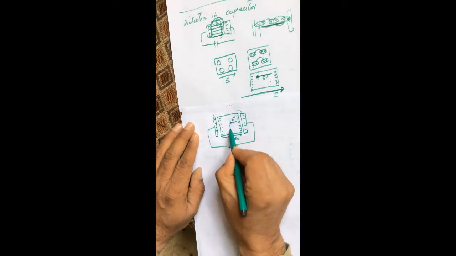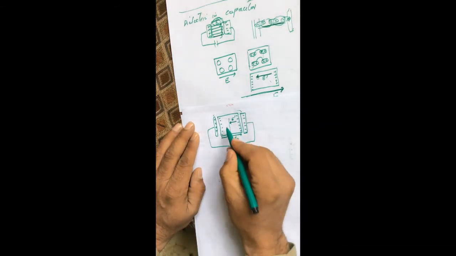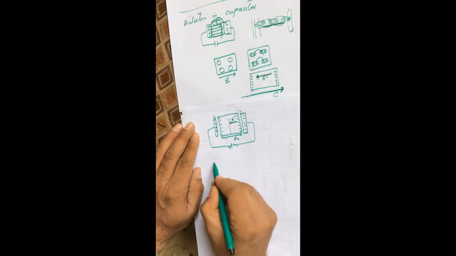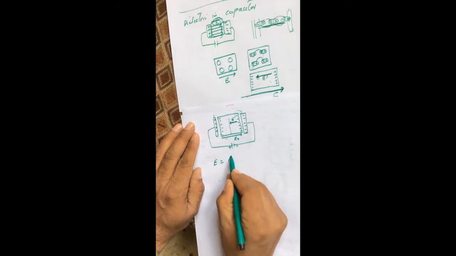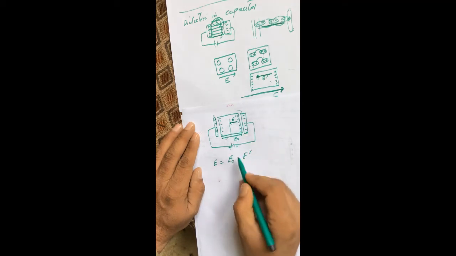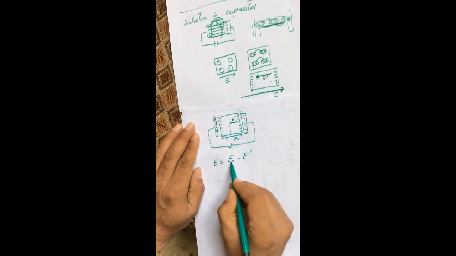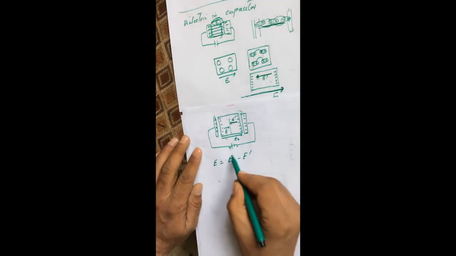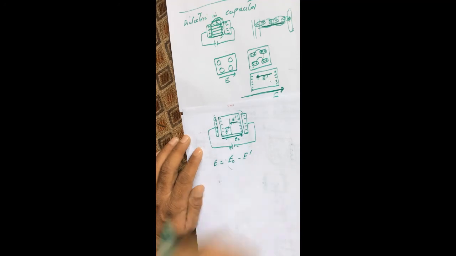So the net electric field inside this material is now E naught minus E prime, because they are opposite in direction, so their sum will be this one. So the net electric field is this E, which is smaller than this electric field.